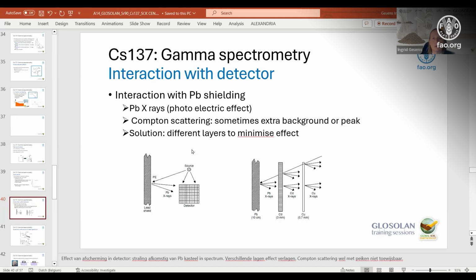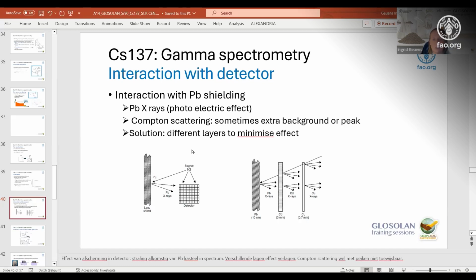A solution for good detectors is that you have different layers. The gamma is still interacting with those layers, but you have in every layer an absorbance, and you minimize the effect in this way. Because you cannot do measurement without shielding.